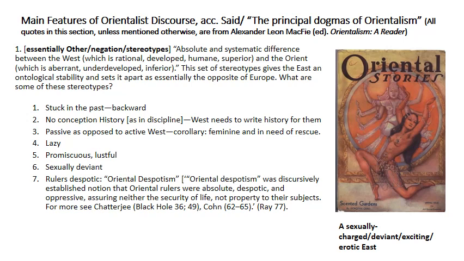But anyway, Oriental despotism was the discursively established notion that Oriental rulers were absolute, despotic and oppressive, assuring neither the security of life nor property to their subjects. I've given you some references, I should have italicized there, but basically this becomes again a justification for British rule. You come and say that, hey, your rulers are despotic, oppressive, they don't give you security of life, they don't secure your property.